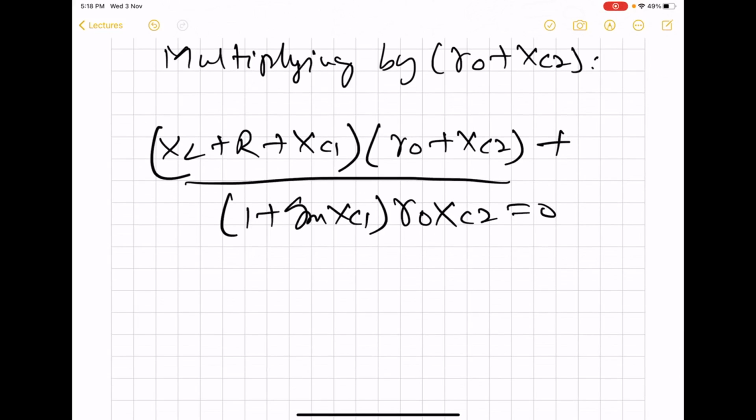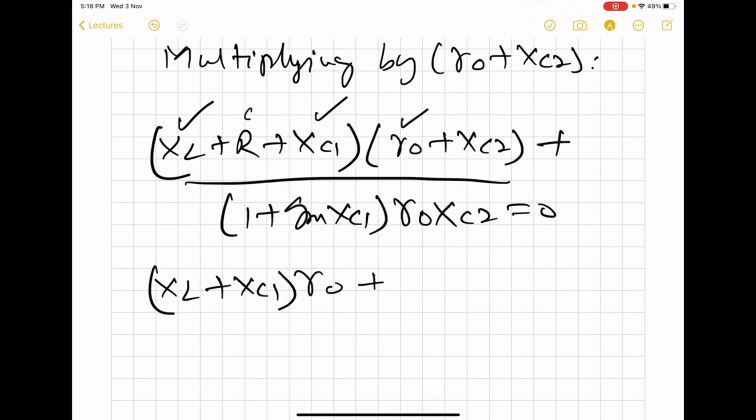So here what we get is XL plus Xe1 into R naught. That means this term, and this we combine because this will give rise to the imaginary part, and then this term and this one. So Xc2R.